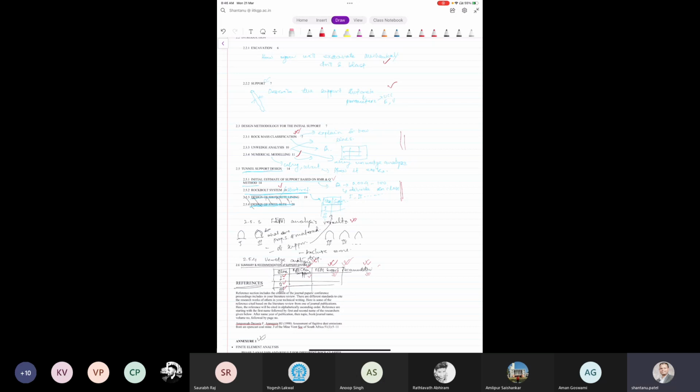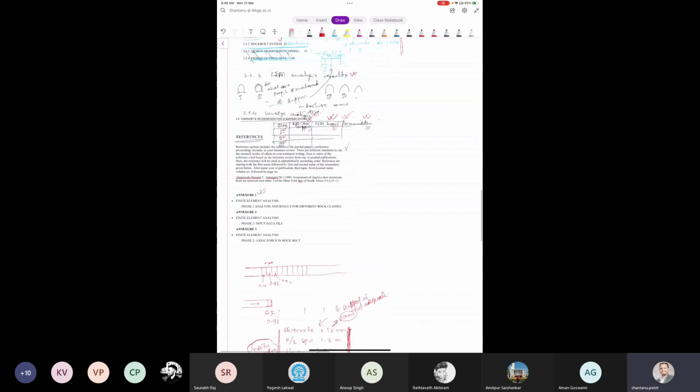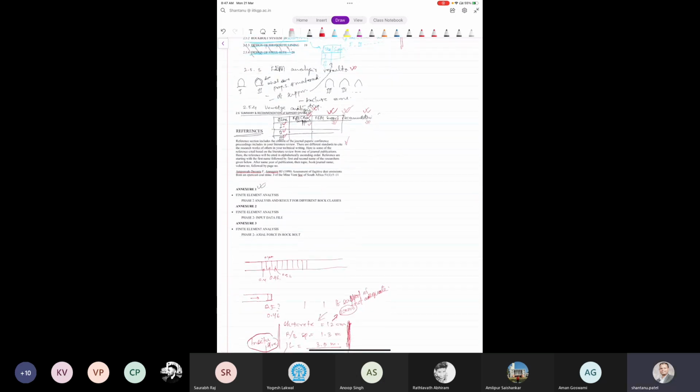Either you go for the rock mass classification system or the FEM recommendation. Finally you put a reference, and you put these figures as an extra, like the FEM results. Is this clear? Anybody has any question?